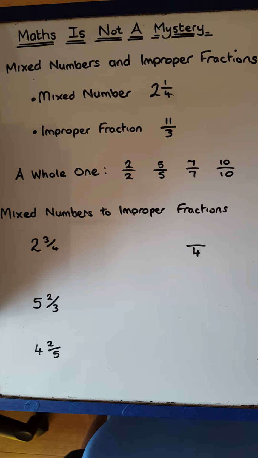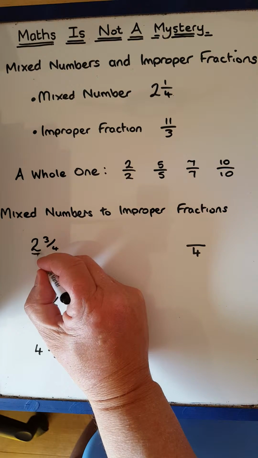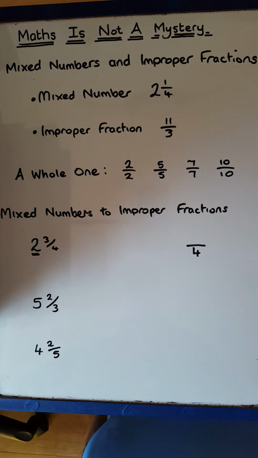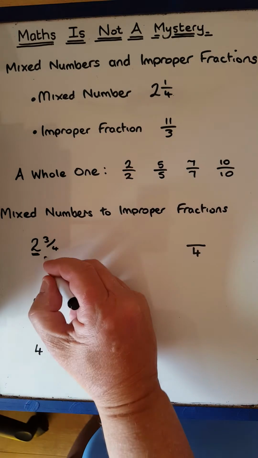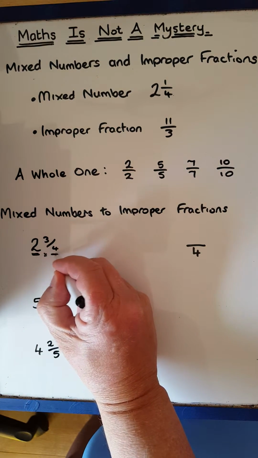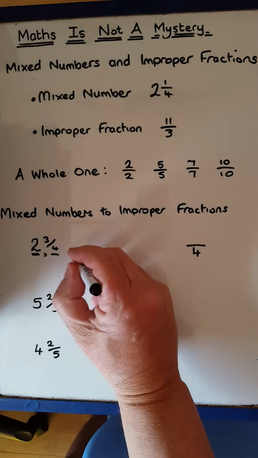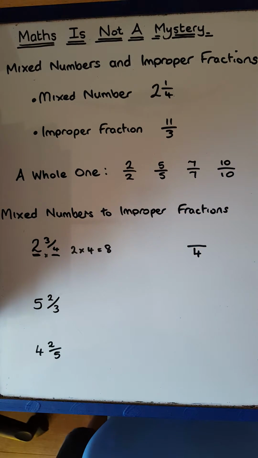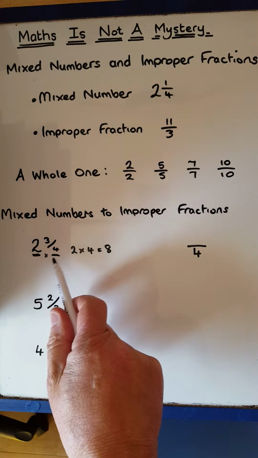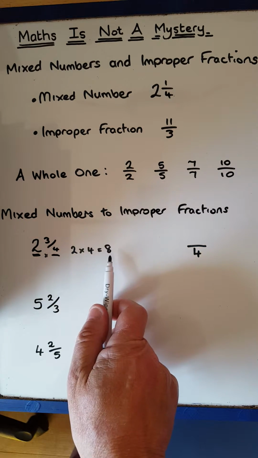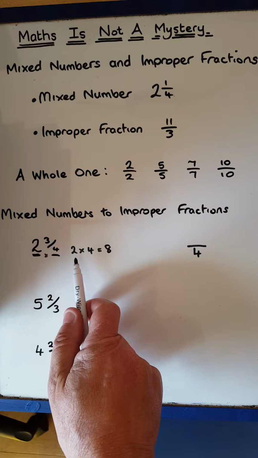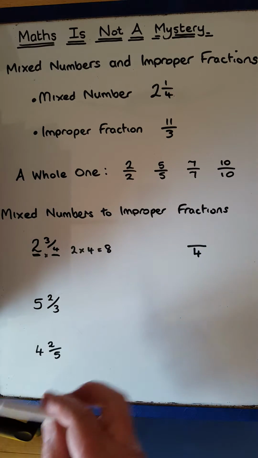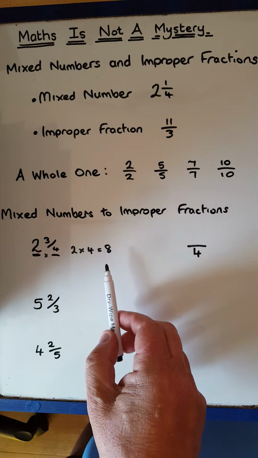To find what 2¾ is as an improper fraction is very, very simple. Take your main large number, the 2, multiply it by the bottom number. 2 times 4 is 8. Okay, if we had 2 whole ones, it'd be 8/4, because 1 whole one is 4/4, both the same numbers. 2 whole ones would be 8/4.